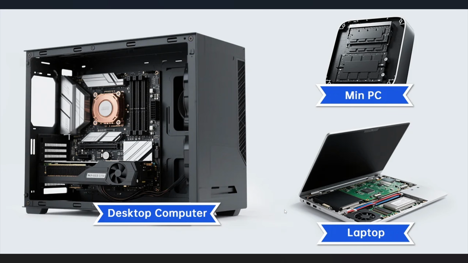There is no difference. So when you hear something, even if it says, on a desktop computer, my GPU, there are GPUs in all three of them. It's just that the GPU on a desktop is usually something you can change, whereas on a mini PC or a laptop, it's something you can't change. That's the only difference.